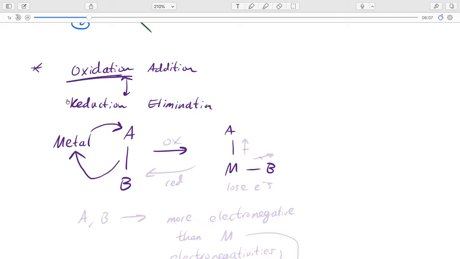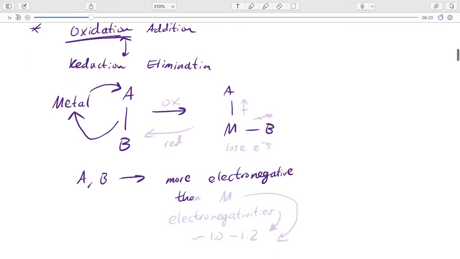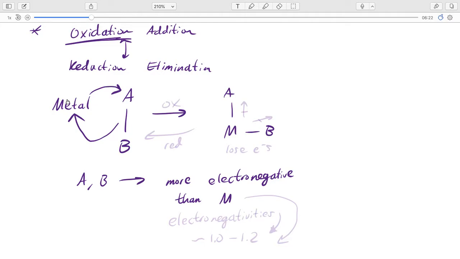And why is this considered oxidation? Well, typically A and B are going to be more electronegative than M. Most of the transition metals we've seen have an electronegativity of like 1 to 1.2.